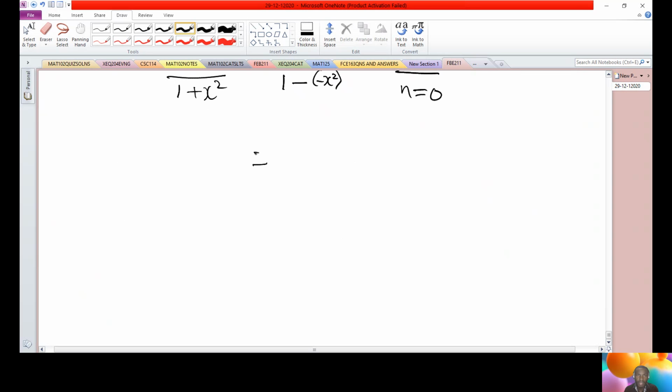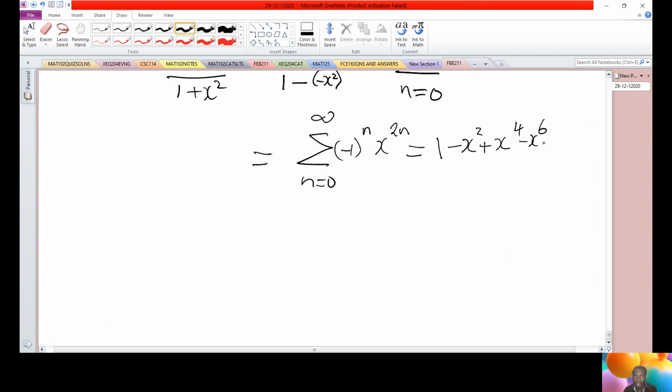And then this can be written as the sum from n equals 0 to infinity of negative 1 raised to power n, x raised to power 2n. And if we were to write a few terms, we have 1 minus x squared plus x power 4 minus x power 6 plus x power 8 minus several terms of the same pattern.